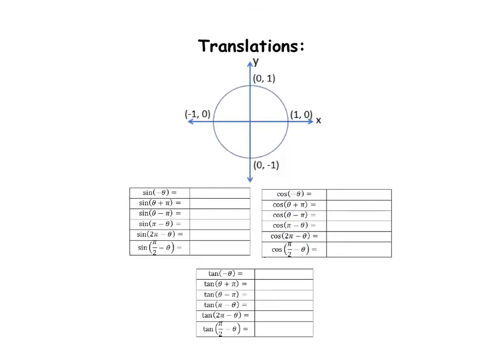Okay, let's do a few translations on sine, cosine, and tangent. So first thing I'm going to do is draw an acute angle. I'm going to call it theta, and I'm going to put it in quadrant 1. Okay, so this would be the cosine of theta, comma, the sine of theta. And I can do that only because we're on the unit circle, so we know the hypotenuse is 1.